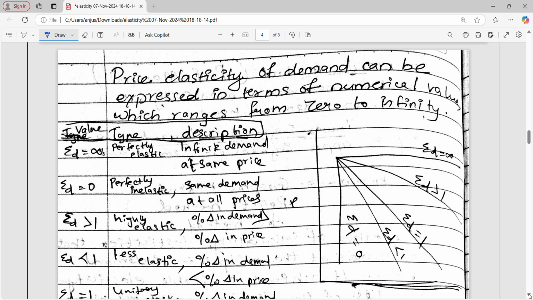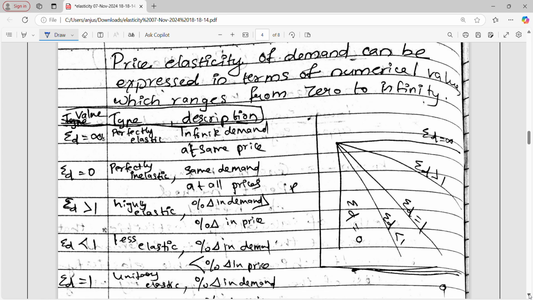We studied how to calculate this elasticity of demand. When this ED is infinity, that is, we are not able to calculate it, it means it is perfectly elastic. Infinite demand at the same price, which is not a practical thing to happen.